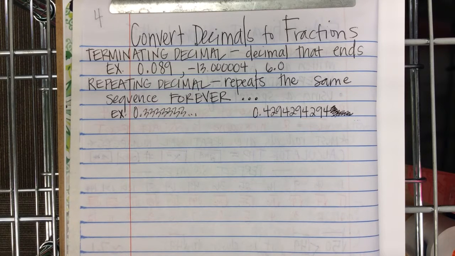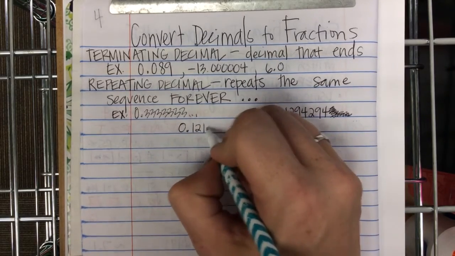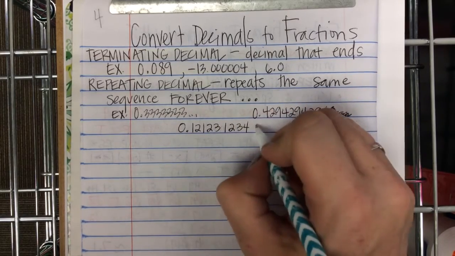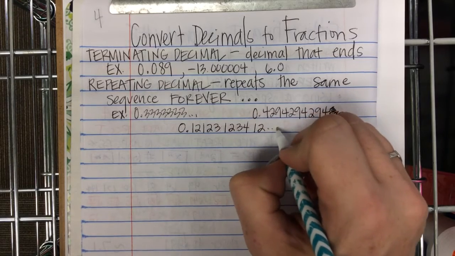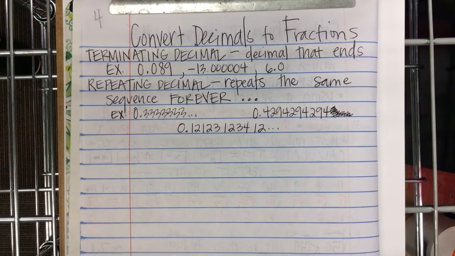Here's why I say it repeats the same sequence. 0.12, 1, 2, 3, 1, 2, 3, 4, 1, 2, dot, dot, dot. Can you tell me what comes next? Everybody tell me. 3, 4, 5.